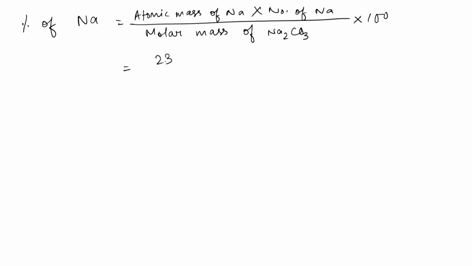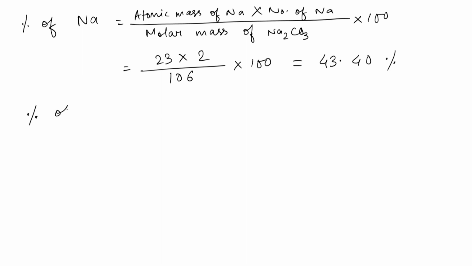So 23 into 2 divided by 106 into 100. So we get 43.40%.